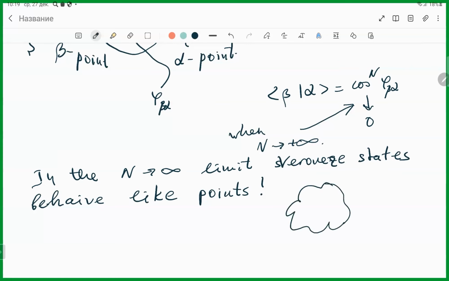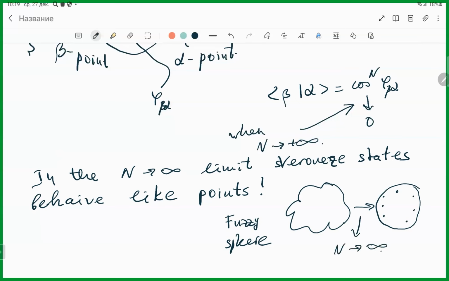And we are going from something that is known as a fuzzy sphere to an ordinary sphere. So I want you to keep this picture in mind.